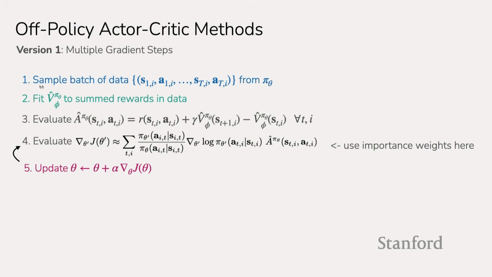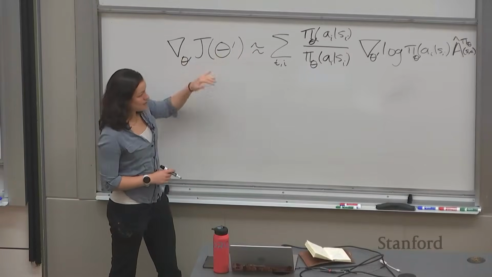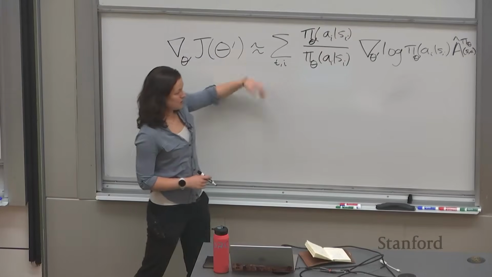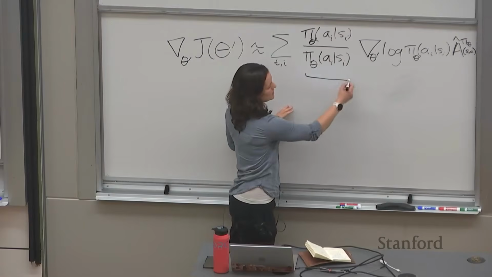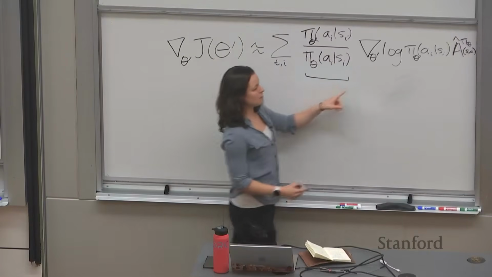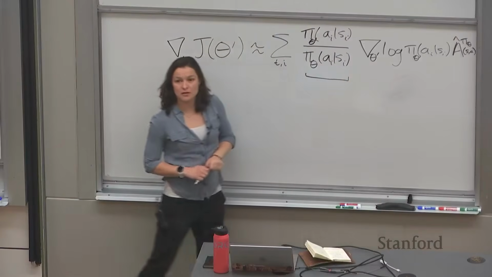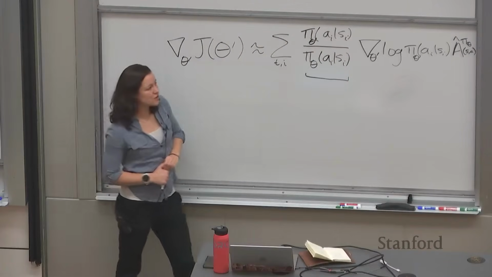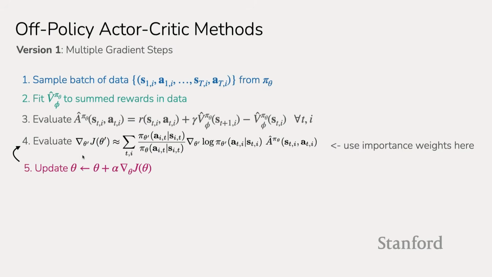So we can sample a batch of data once and then fit our advantage estimates, and then compute our gradient, take a gradient step, and then recompute our gradient, take a gradient step, and so forth. And the only thing that's going to change as we take more gradient steps is this importance weight here. And of course, we'll be doing backpropagation on our new parameters rather than our old parameters. And then our advantage estimates will still be based off of the old policy.